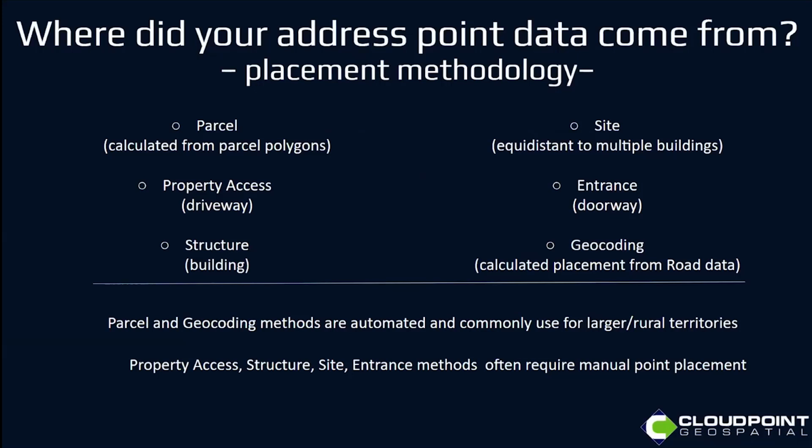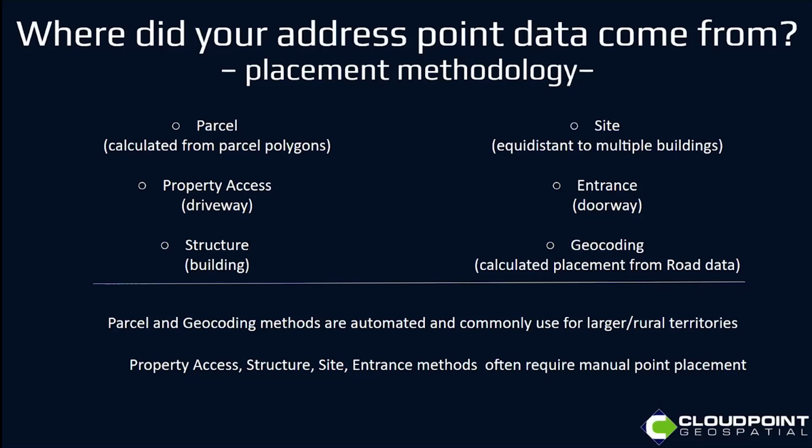We also have property access, which would be like a driveway entrance. You can place a point there. Structure address points would be placed on top of buildings. Site address points would be more equidistant placements if there are more than one building with the same address. Entrance address points would be at the doorway.